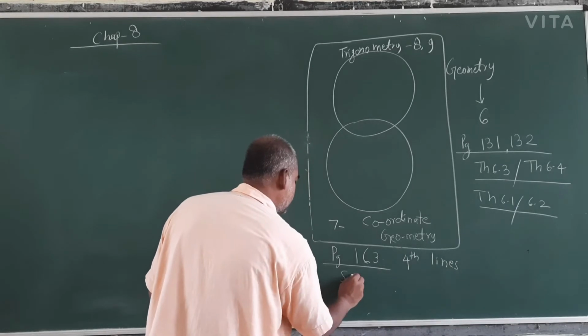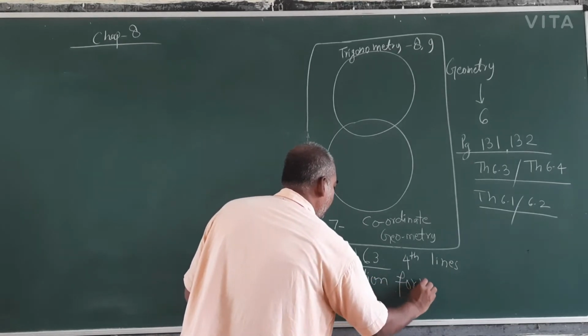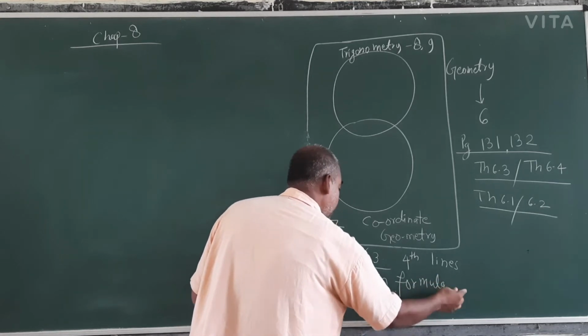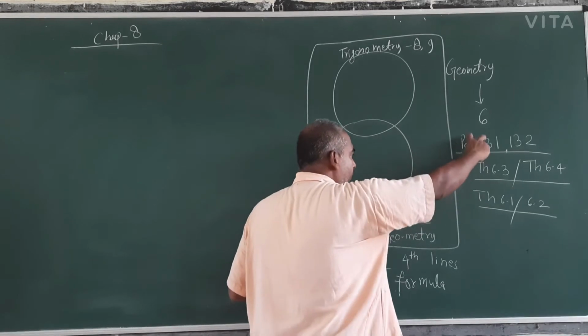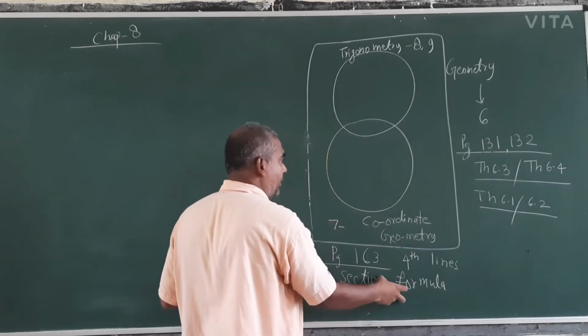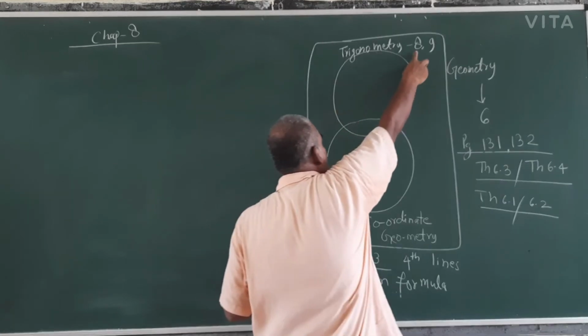This is the section formula. The both are the same thing, meaning this is the fundamental. With the help of this it is derived, and with the help of this we also derived the trigonometrical ratio.